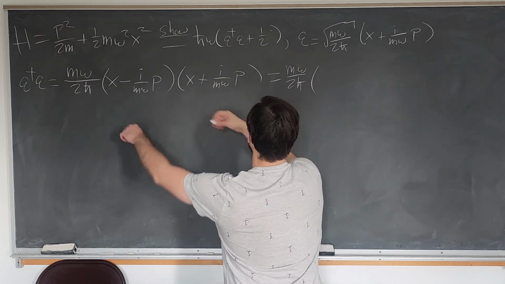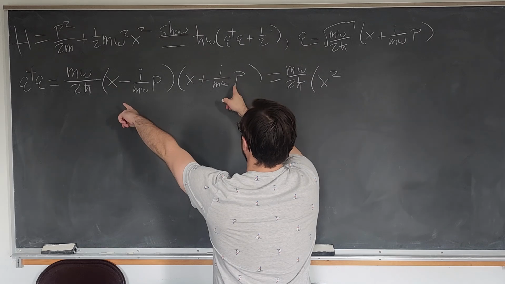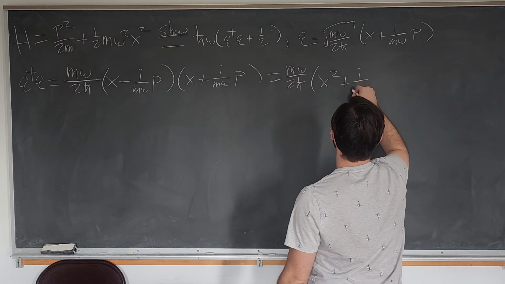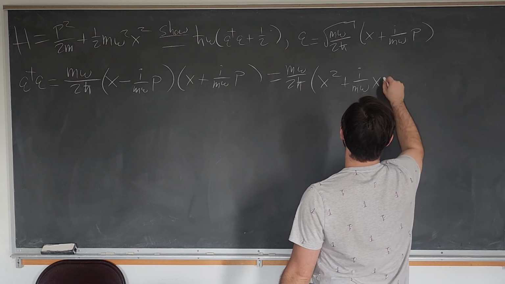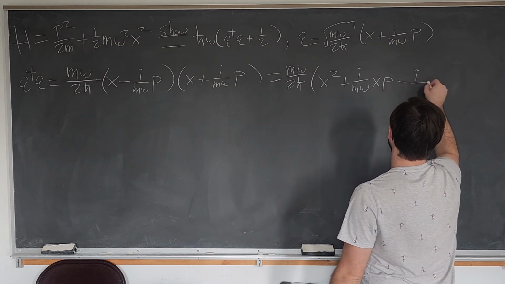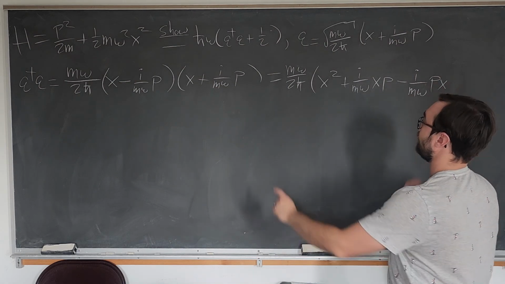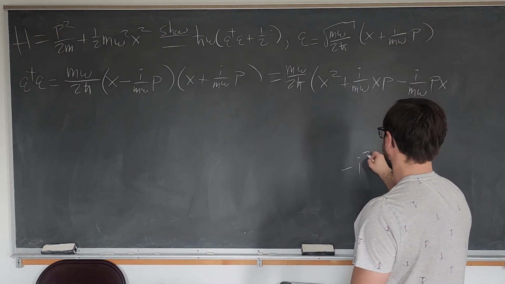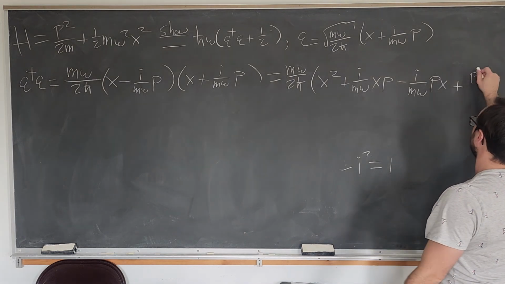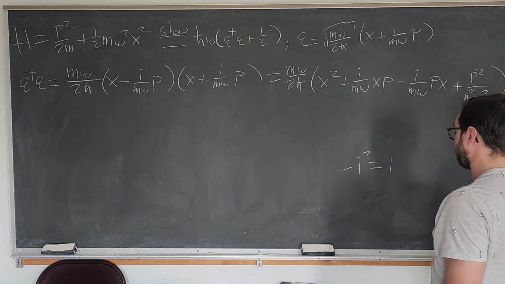So, continuing, we're going to get x squared, and this term is going to be i over m omega xp, and this one's going to be minus i over m omega px. Last term, we're going to have minus i squared equal to 1, so plus p squared over m squared omega squared.